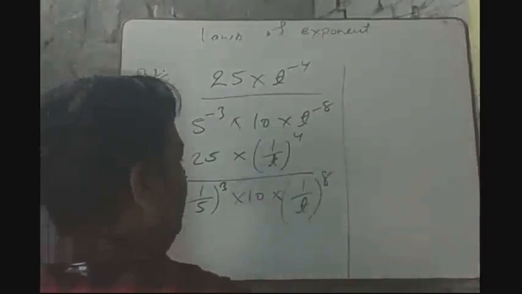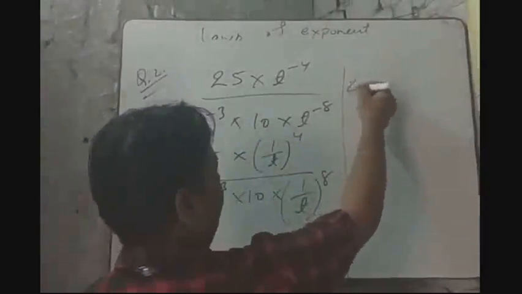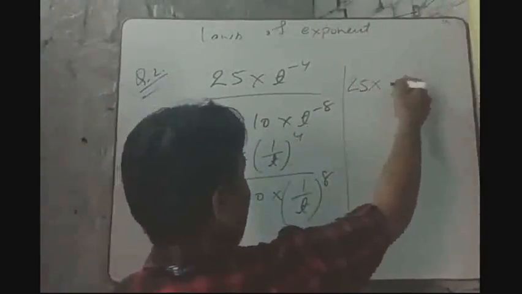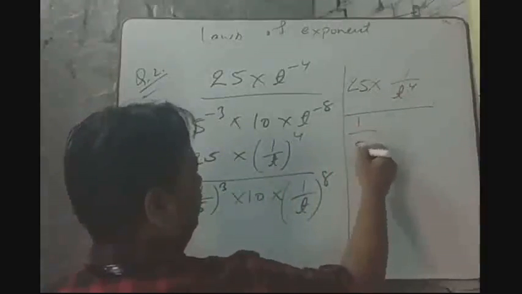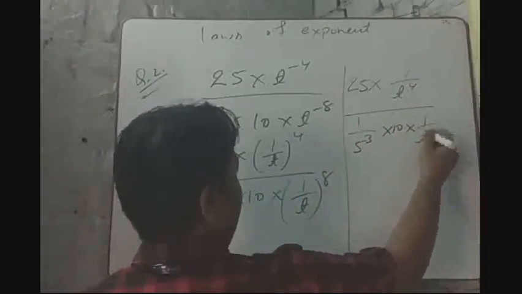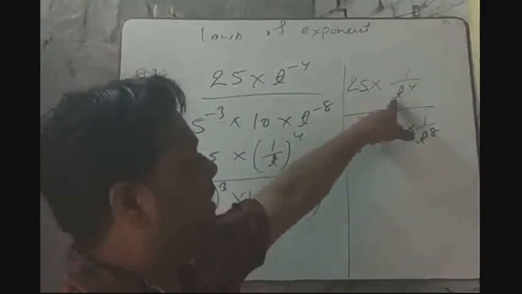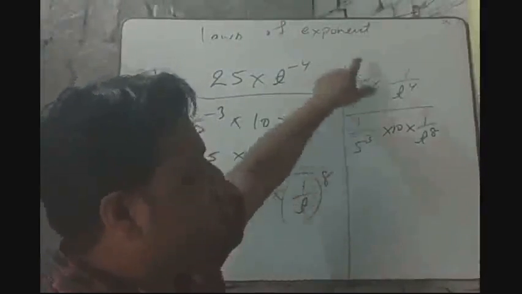Okay. Now let's see here. That is 25 into 1 by t to the power 4, divided by 1 by 5 to the power 3 into 10 into 1 by t to the power 3. So the denominators in the numerator will go to the denominator and the denominators below will go upside.